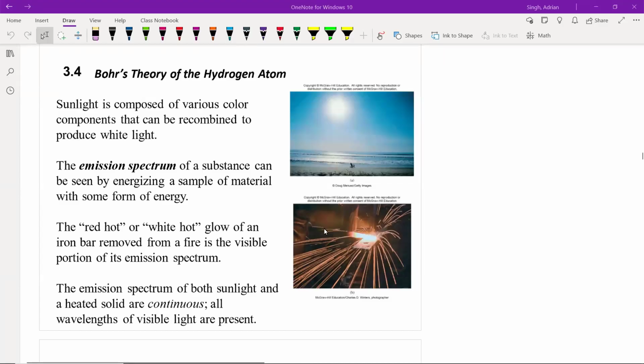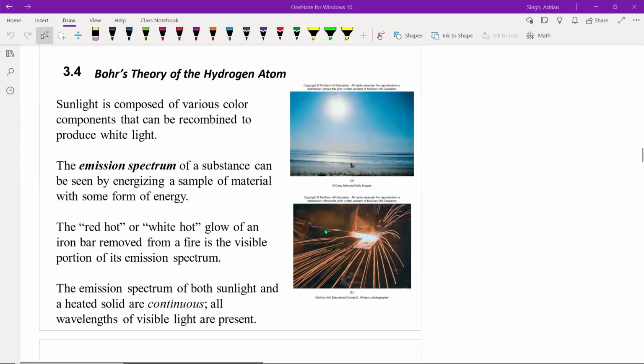Okay, so now we're going to take a look at one of the earlier theories of the atom. And believe it or not, one of the candidates of atoms that they chose to study was the simplest atom, which was the hydrogen atom.